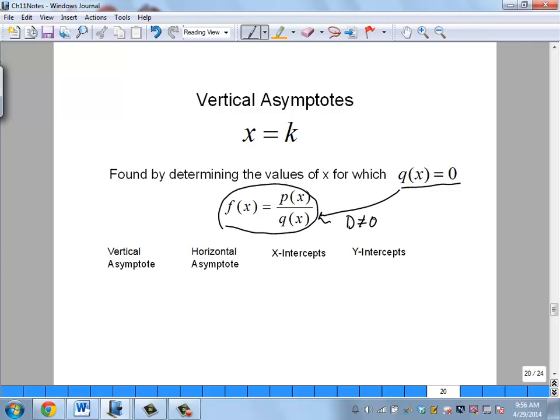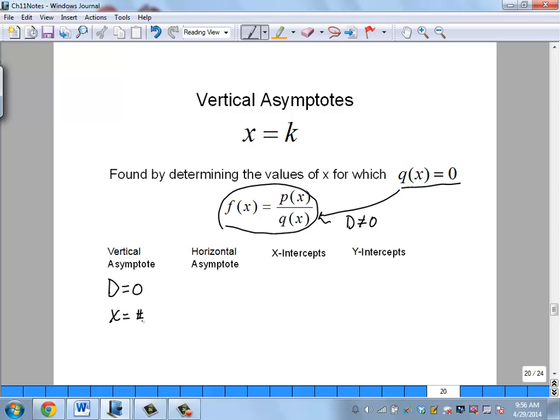So we basically want to take our denominator and put it equal to 0. And when I do that, I'm actually going to solve for a line that your function doesn't touch. So it's going to be an x equals line. It's going to be x equals a number that your function doesn't touch.